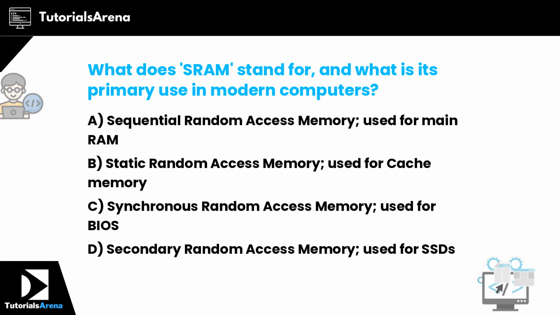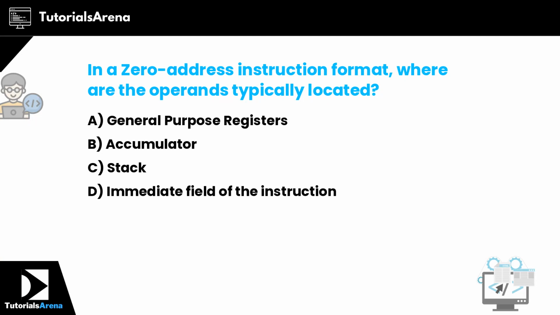What does SRAM stand for, and what is its primary use in modern computers? The correct answer is option B, static random access memory, used for cache memory. In a zero-address instruction format, where are the operands typically located?